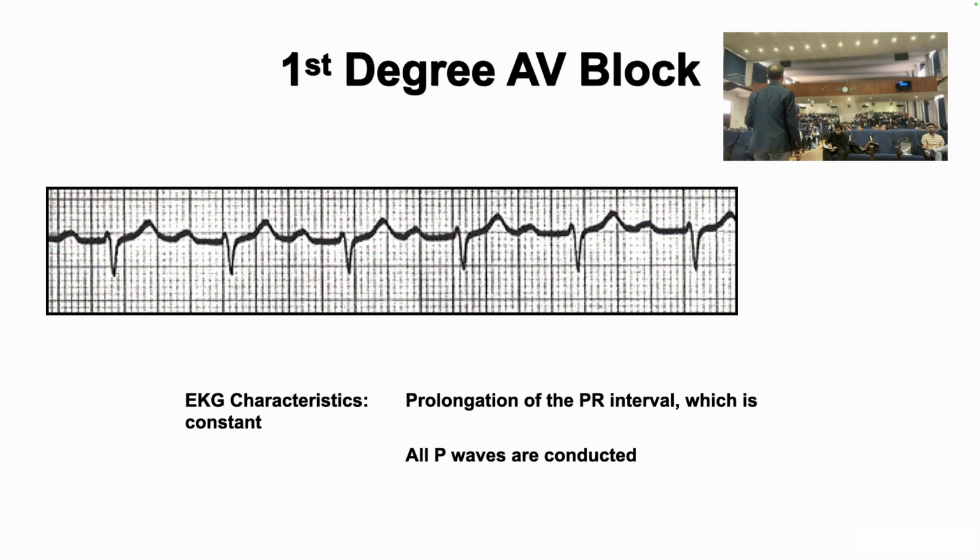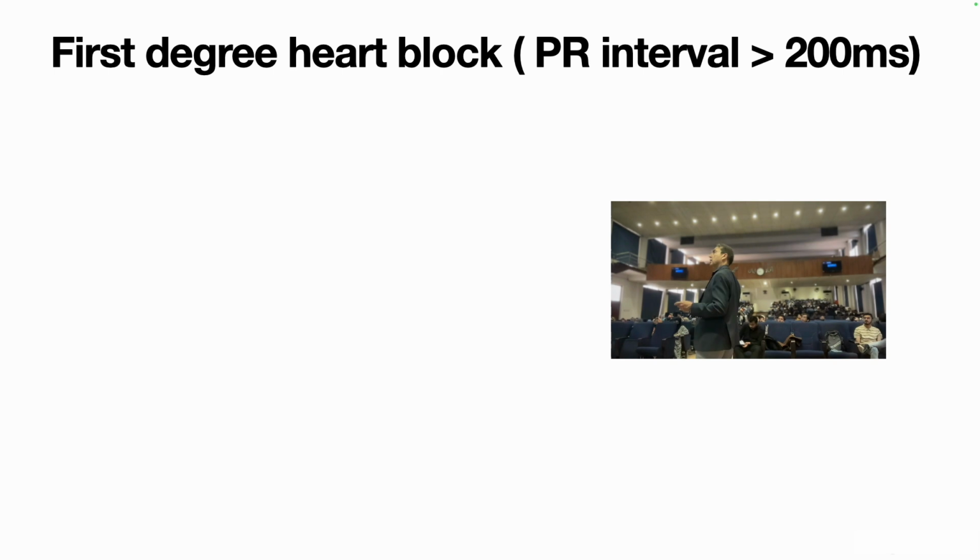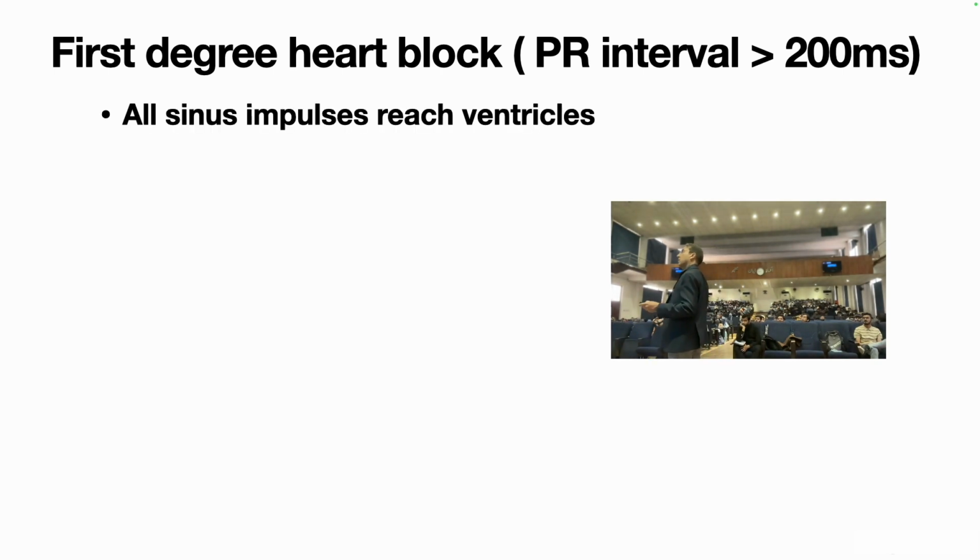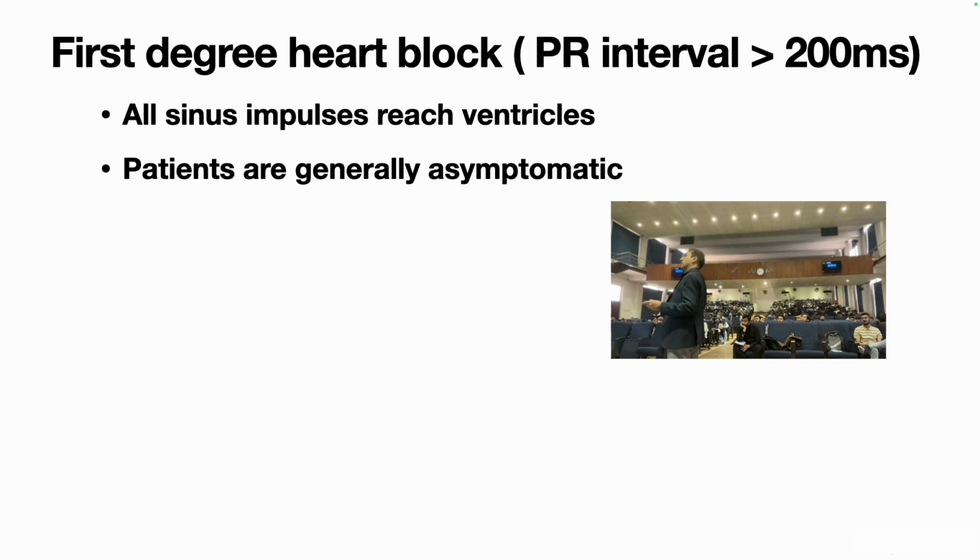So none of them is blocked. Each P wave will have a following QRS complex. But the PR interval is long. It's more than 200 milliseconds, you call it first degree heart block. PR interval greater than 200 milliseconds. All sinus impulses reach the ventricles.